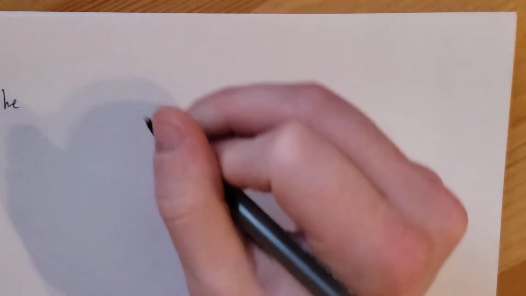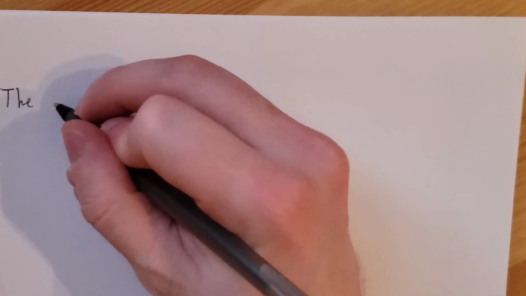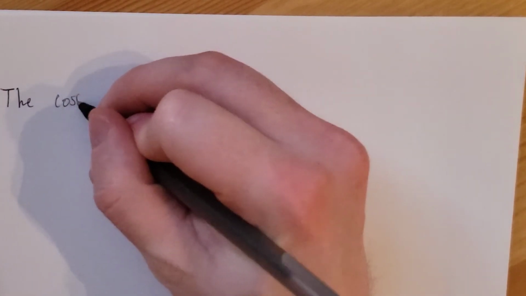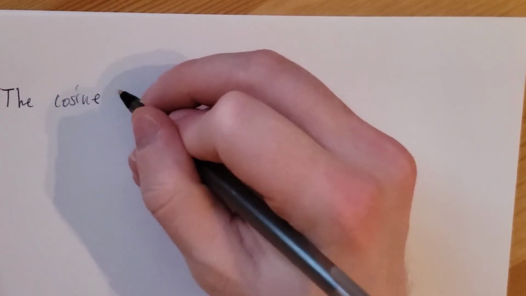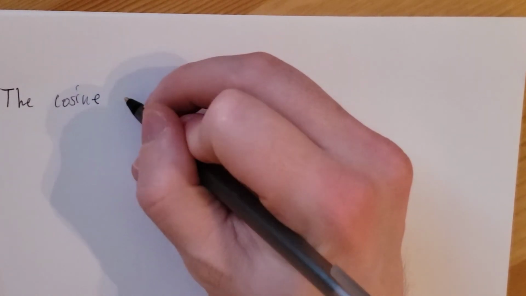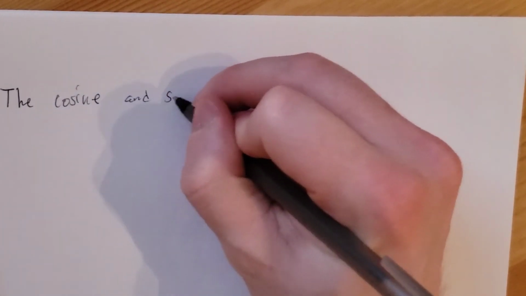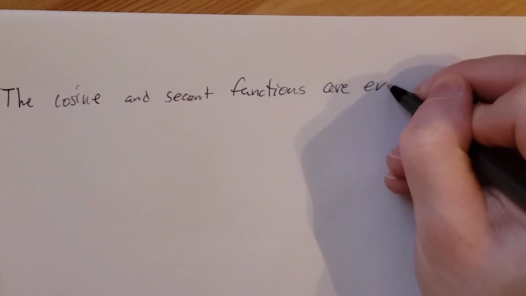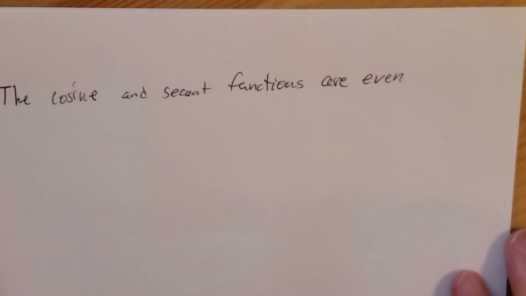The first thing is the cosine and secant functions are even. What does that mean?